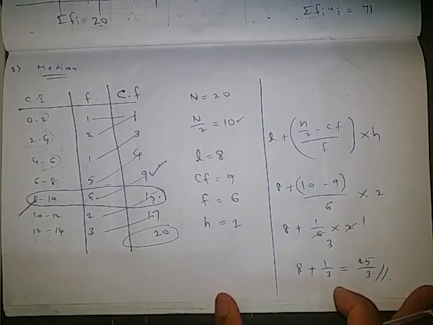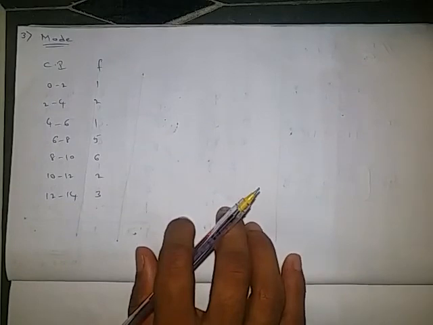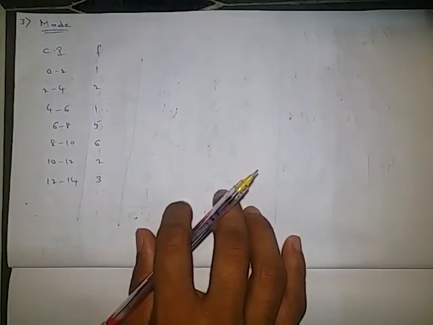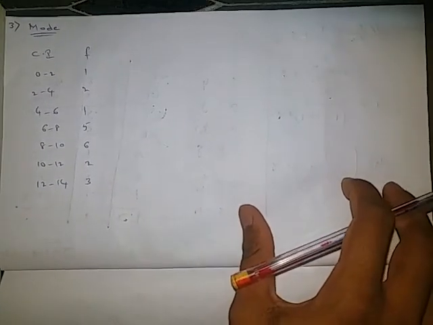Okay, now let's move to the last concept as well as the last question in the statistics as well as in the total paper 2, that is finding the mode of the given data.